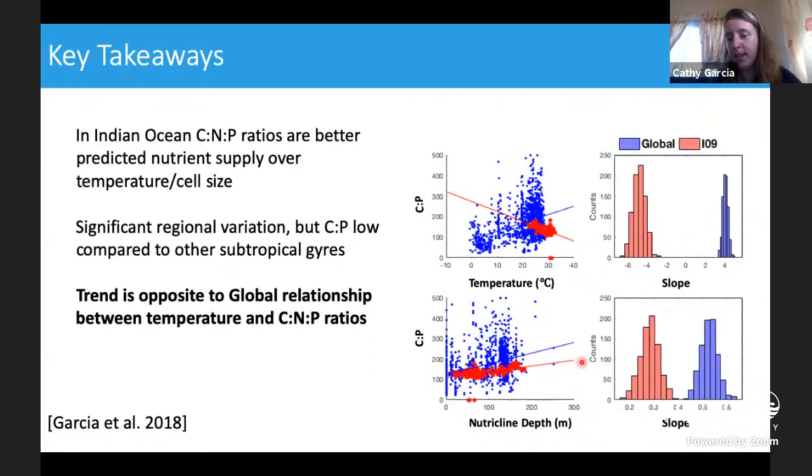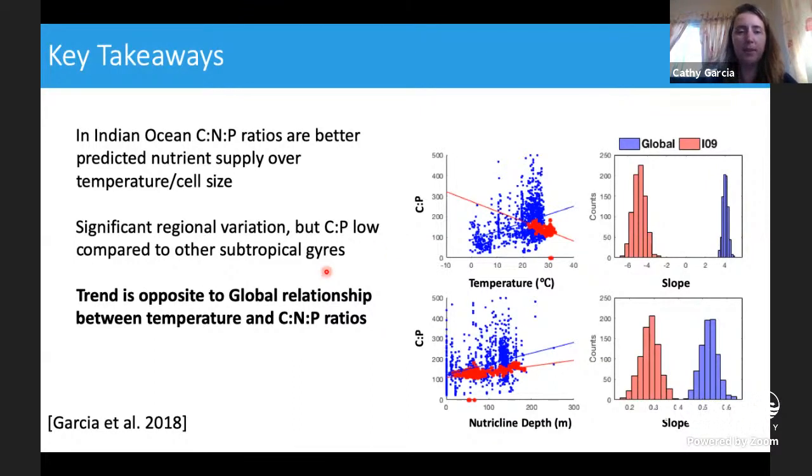As nutricline depth deepens, nutrient supply is implied to be lower, increasing the C to P. Versus when we compare that to temperature on the global scale, there's an inverse relationship. This leads us to the conclusion that in these low latitude areas, when nutrient supply is limiting, nutrient supply seems to be a more important driver of changes in particulate C to N to P ratios than temperature, at least in these low latitude regions.